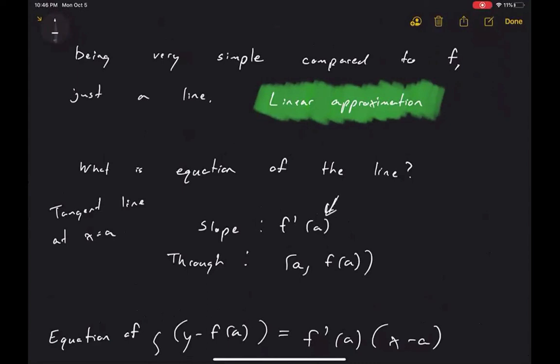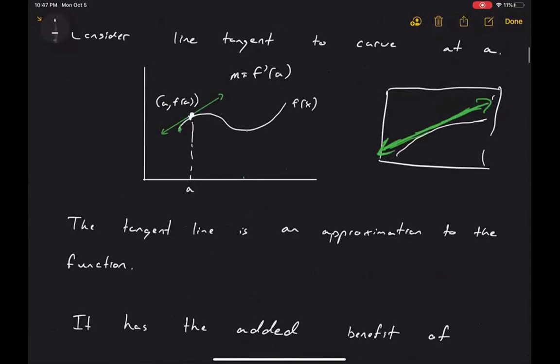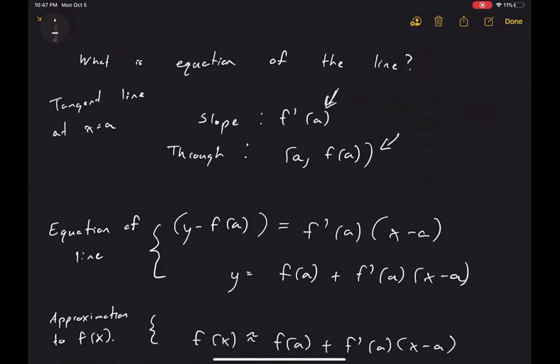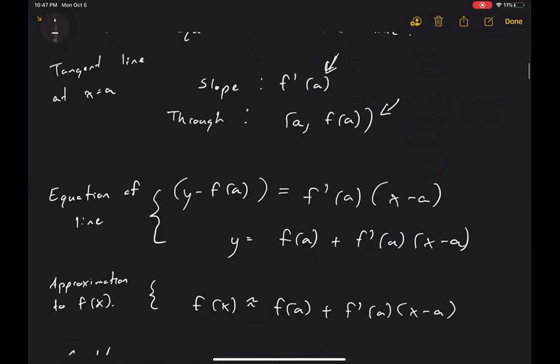And then if we have one point on the line, we can do point slope form. We said this point here, a comma f of a, is both on my curve f of x and on my tangent line. With those two pieces of information, I can write the equation of my line using point slope form.